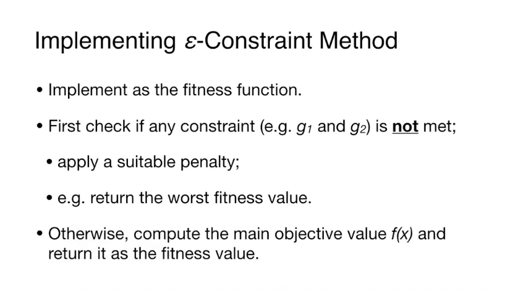However, if none of the constraints are violated, then we evaluate the main objective f of x and return its value as the fitness value. Notice, however, in this case, only f of x is optimized as an objective, and the other objectives are simply constrained within some limits. So this approach does not guarantee that all the objectives will be optimized together.